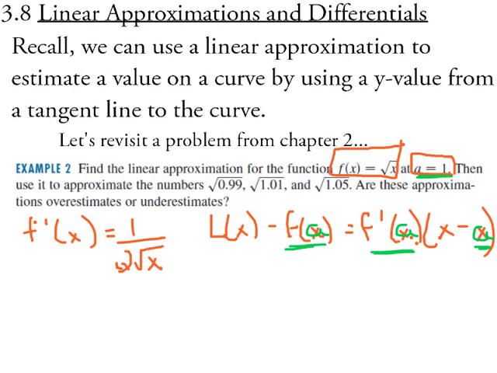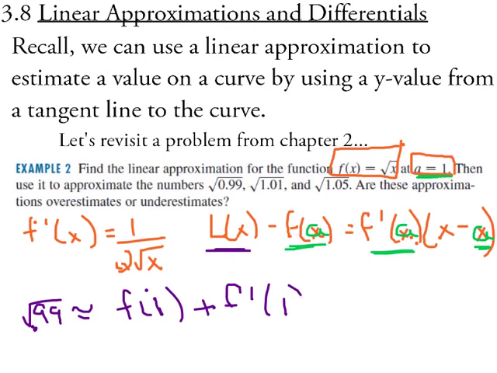I can say that the square root of 0.99, approximately equals, and so that's this thing right here, is approximately equal to f of 1 plus f prime of 1 times 0.99 minus 1.